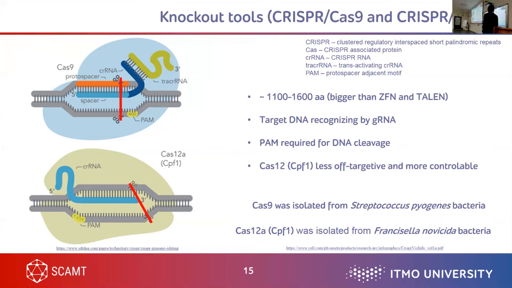Why? Because CRISPR-Cas12 will require a more complicated PAM sequence in the target DNA, and it will cleave DNA leaving sticky ends. In Russian, it will be liptic acid. In the case of CRISPR-Cas9, there will be blunt ends.